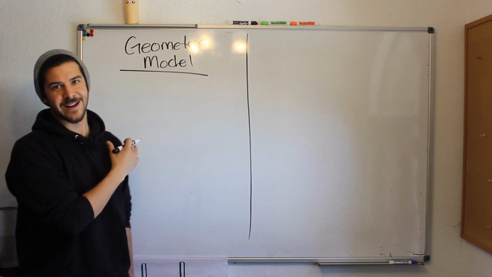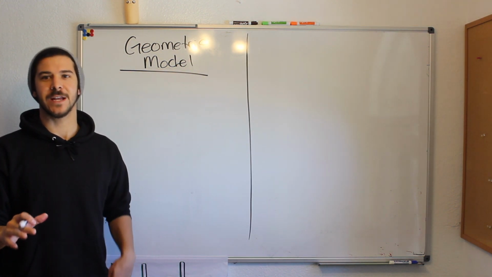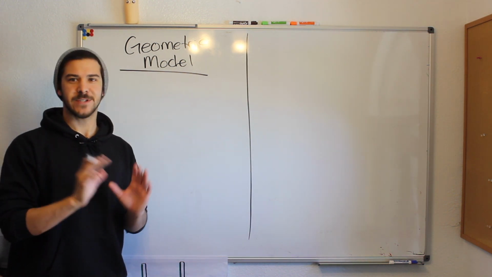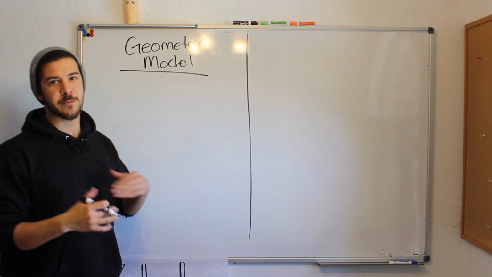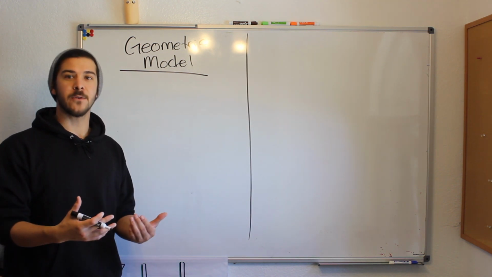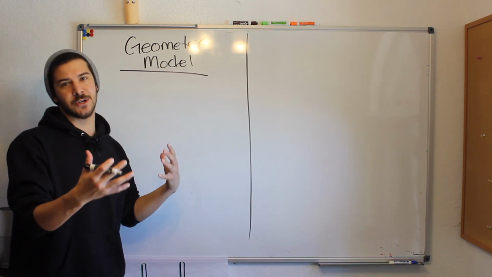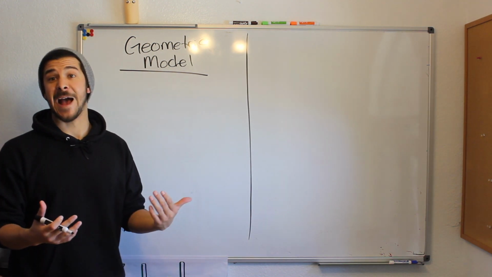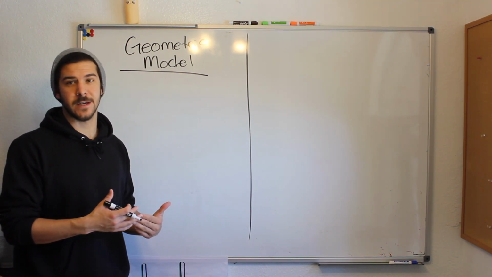Now, keep in mind, this has nothing to do with geometry in terms of shapes, circles, squares, triangles, areas, perimeters, anything like that. Different type of geometric, and this model isn't us building a structure. It's modeling the way that we can do the probability, do the math to determine the outcome of something.